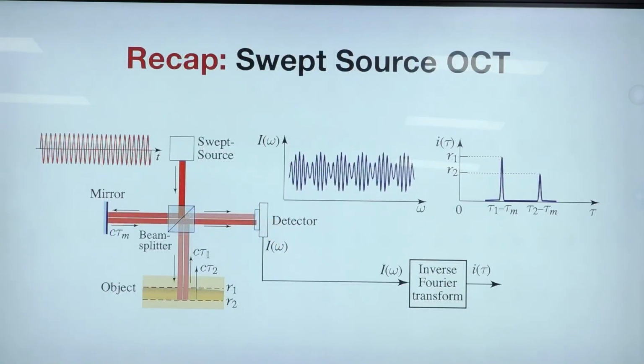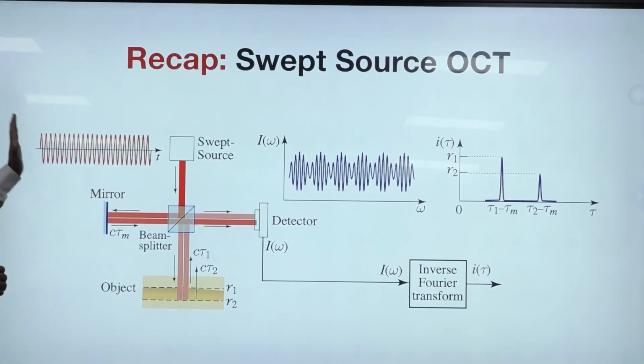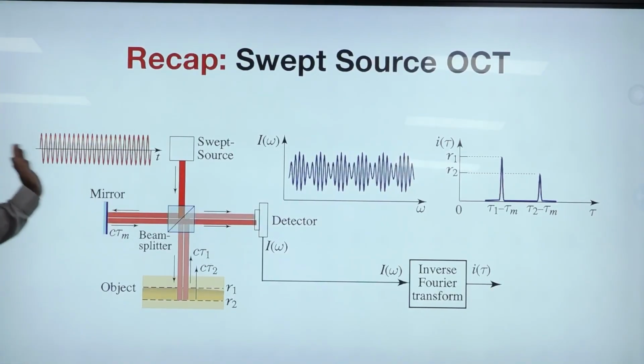And swept source OCT works using the same ideas. Instead of having an array of detectors, you have a single detector, but each wavelength is emitted one after the other. So basically, you synchronize, send a wavelength out, make a measurement, send a second wavelength, make a measurement.